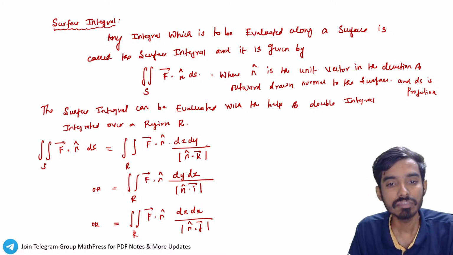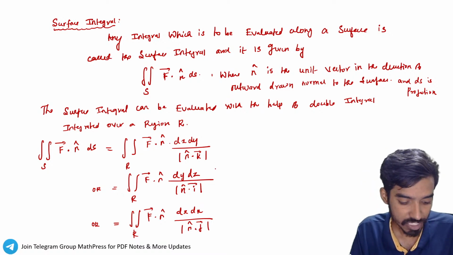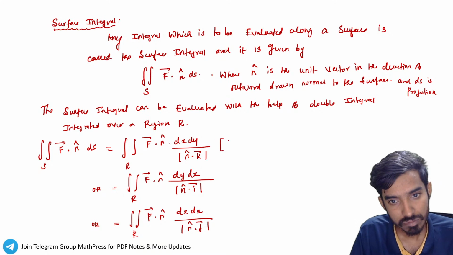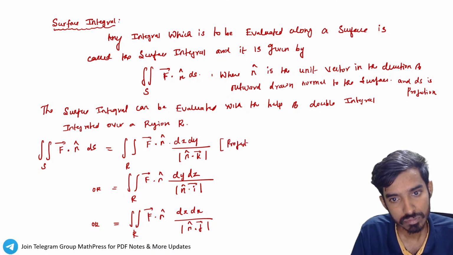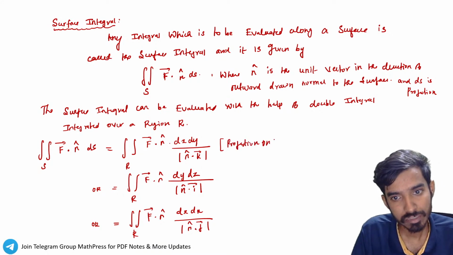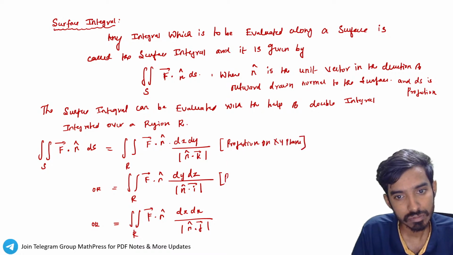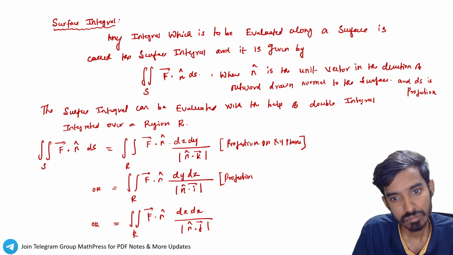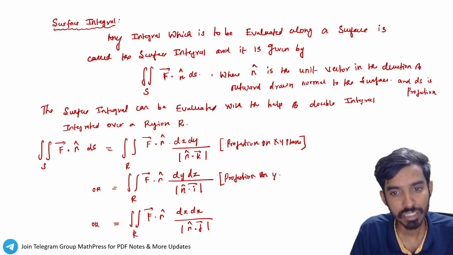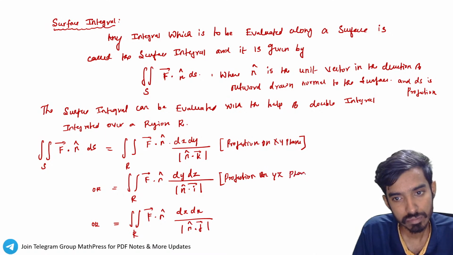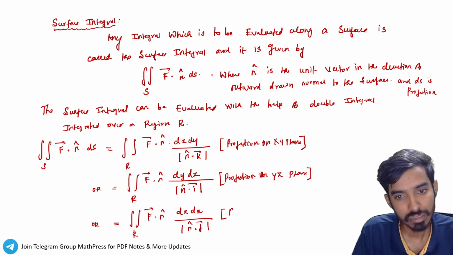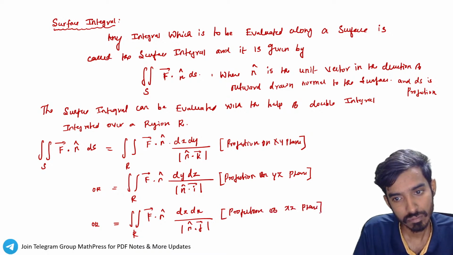So this is the projection on the xy plane, the projection on the yz plane, and the projection on the xz plane, that is, you are projecting the surface onto these planes.